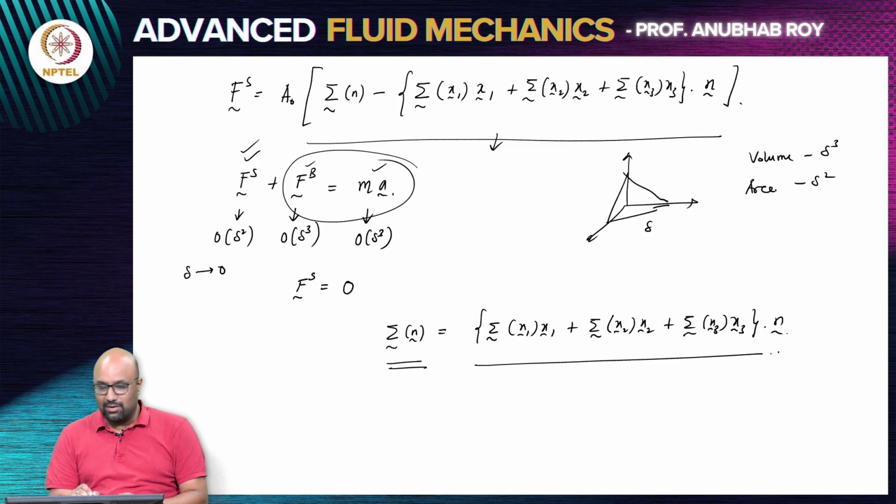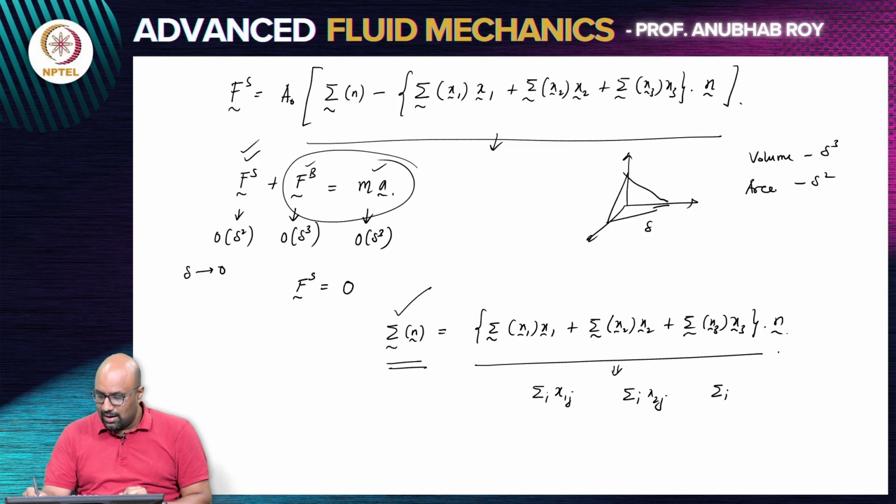From that relation, for this infinitesimally small tetrahedron, what we find is that the surface force at any particular point is related to this quantity, which has sigma i at x1 j, sigma i at x2 j, sigma i at that location x3 j.